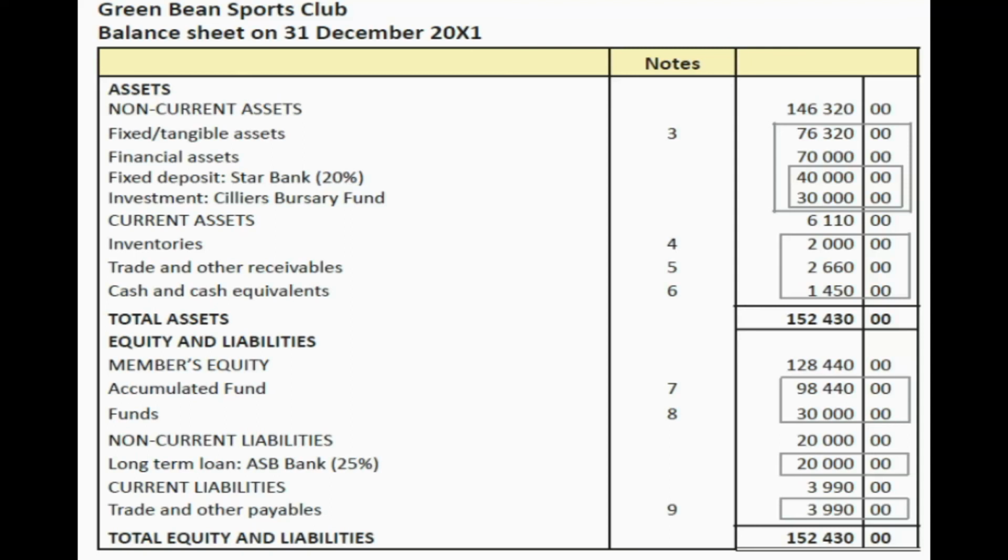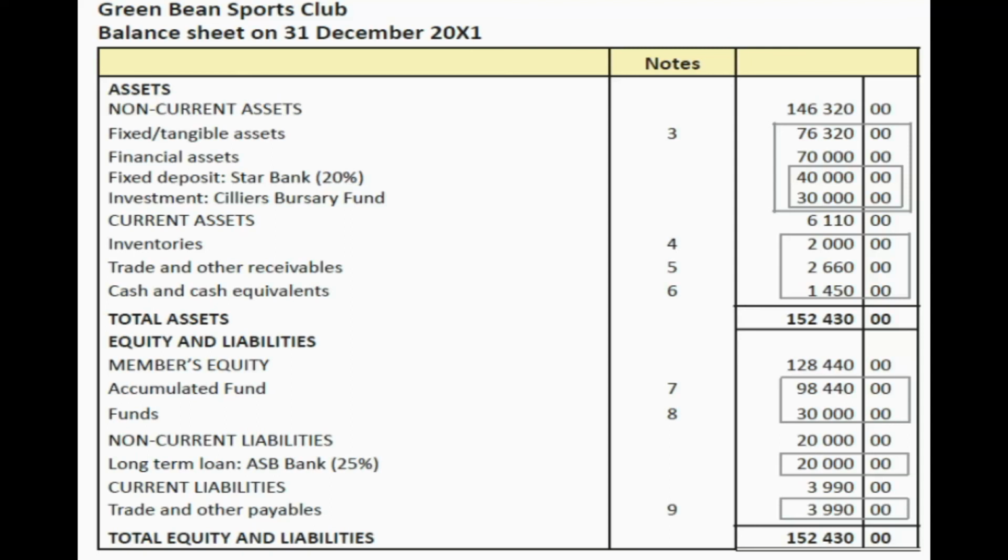Okay, and then we get the current liabilities, which is trade and other payables, and we also calculated that in note number 9, 3,990 for trade and other payables. All right. Then we get the amount for current liabilities of 3,990, non-current liabilities 20,000, and members' equity 128,440.